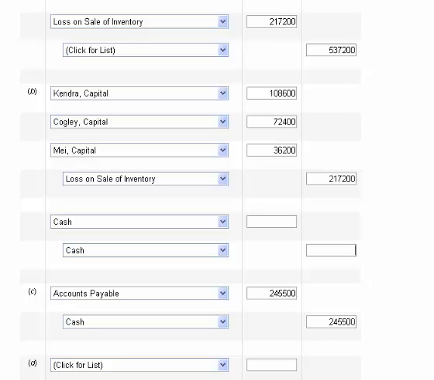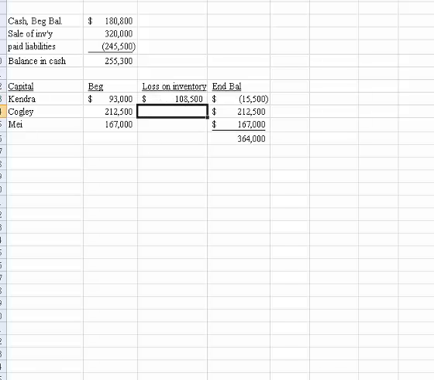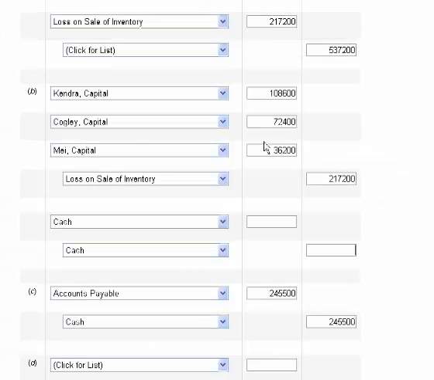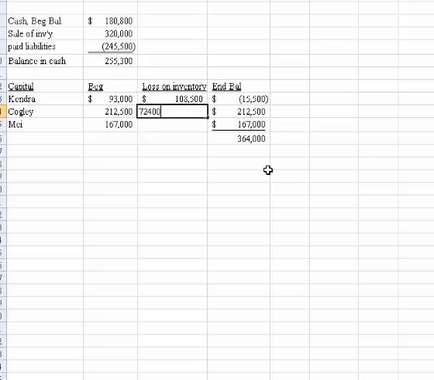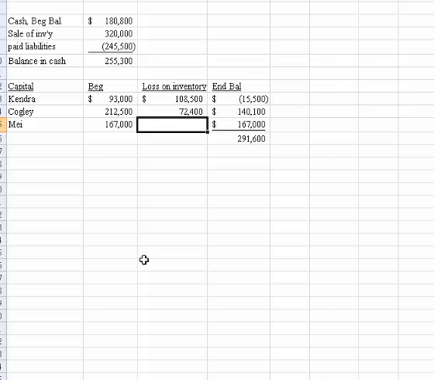Okay, Kendra gets allocated a loss of 108,600. But if we look, Kendra only had 93. So if I put in a loss of 108,600 and the rest as well, Cogli had a loss of 72,400 because he shares in 2/6 of the loss, and May has a loss of 36,200. What we wind up with is a negative position in the total amount. So what that means is Kendra is not entitled to 15.5.